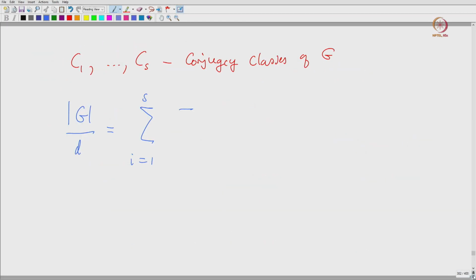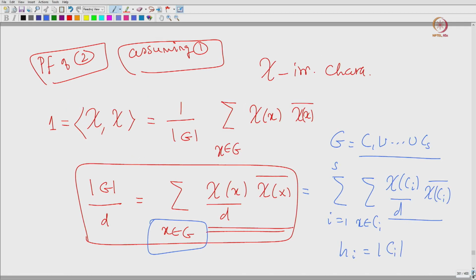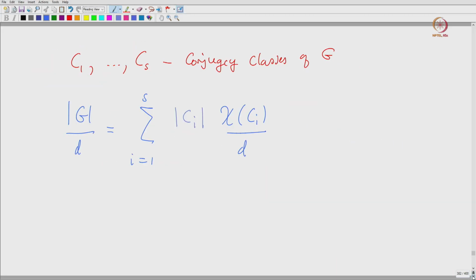Then we will get exactly the cardinality of C i times the value of chi of C i divided by d, times chi of C i bar.